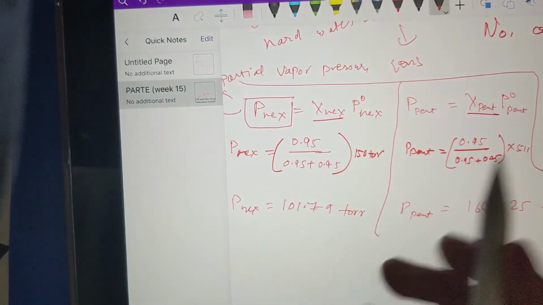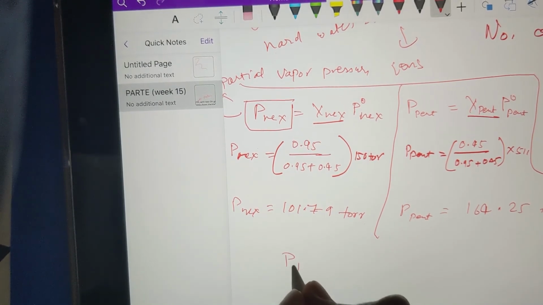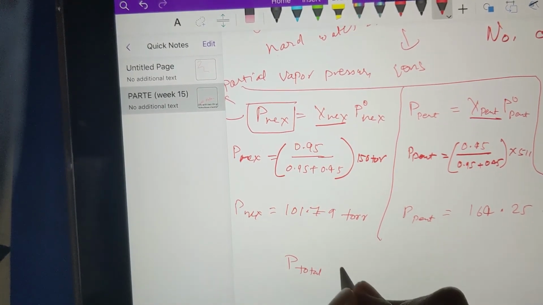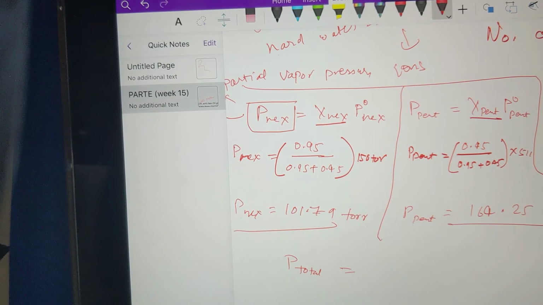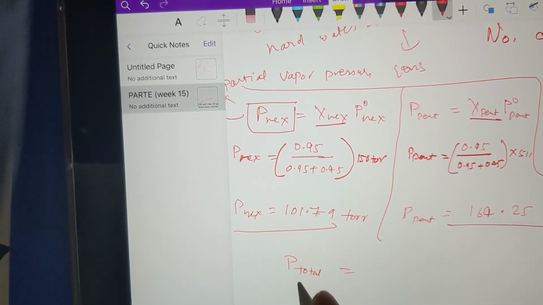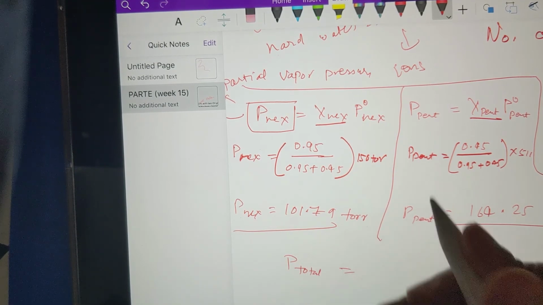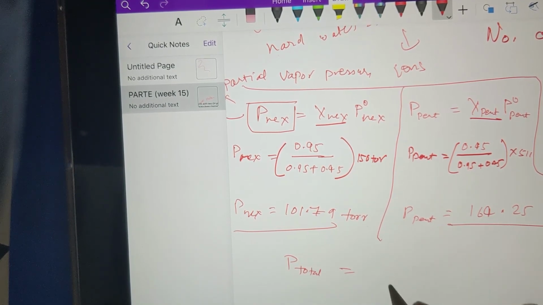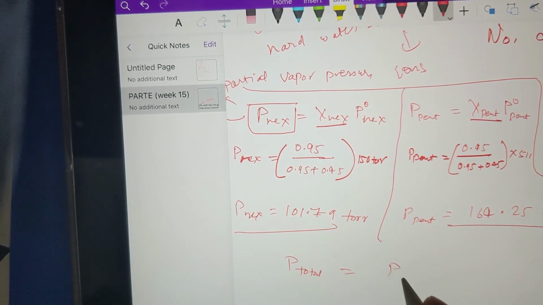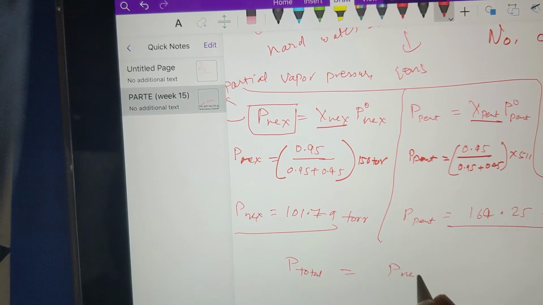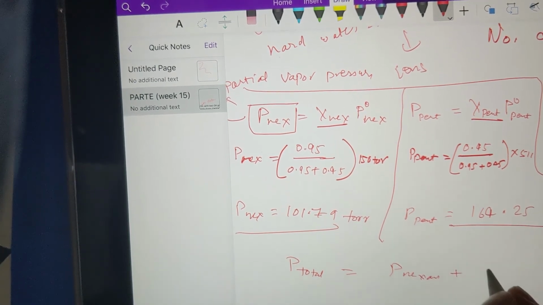So remember, the question is asking about the total vapor pressure of a solution. So to calculate the total vapor pressure, you're gonna add these two. So the total vapor pressure is defined as the partial vapor pressure of all the components. So here you have just two components, hexane and pentane. So you are gonna add the partial vapor pressure of hexane and pentane.